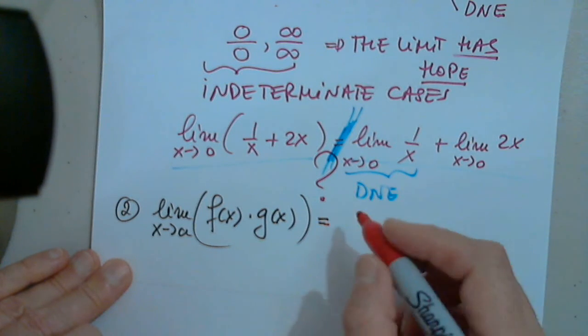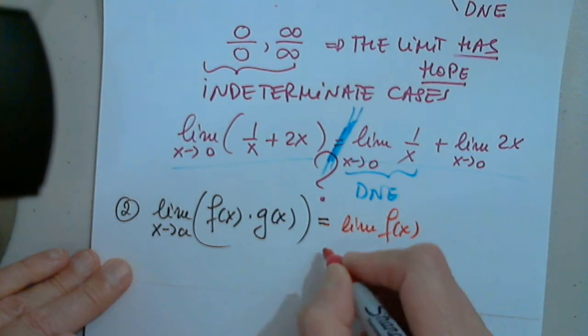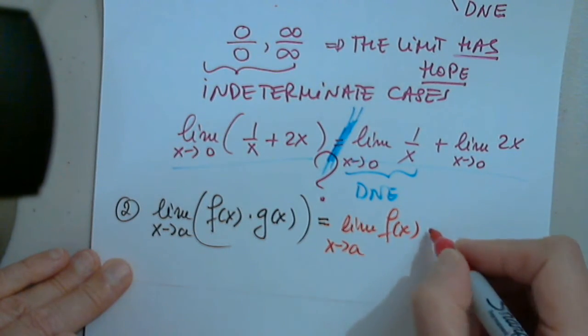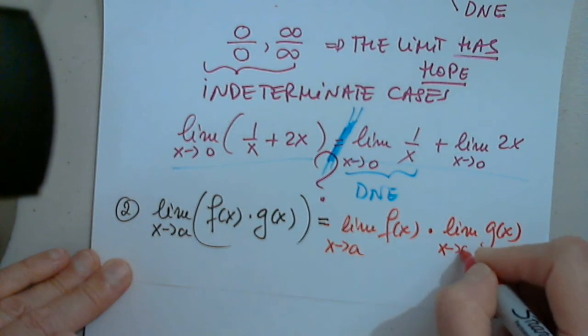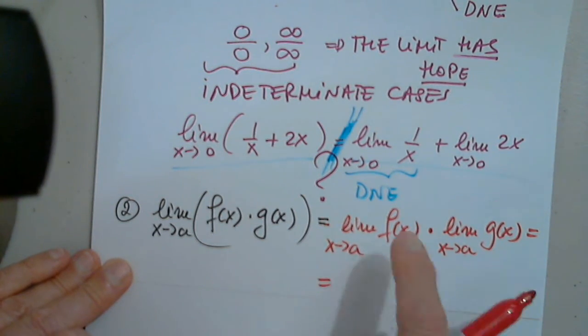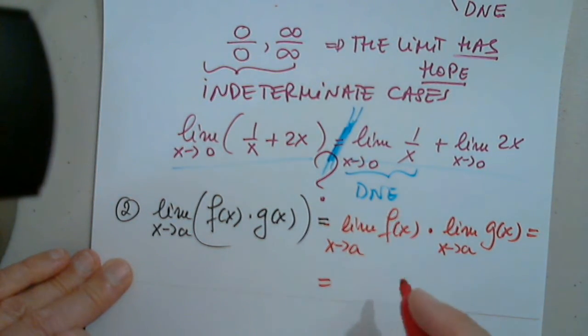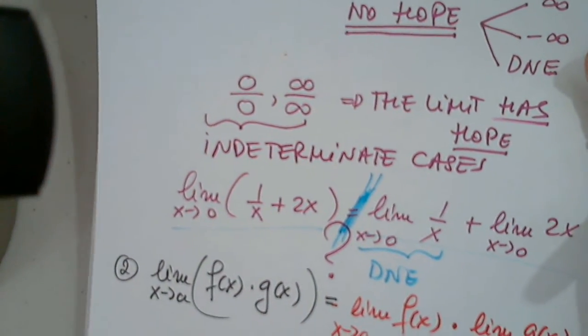The limit of f of x as x approaches a multiplied by the limit of g of x as x approaches a. Is this okay? So this equals to what? L. Very good. And the other one times m. Perfect. So that's number 2.